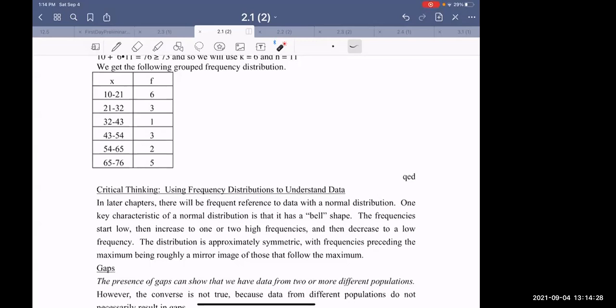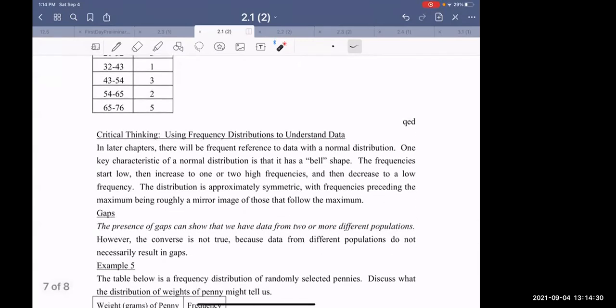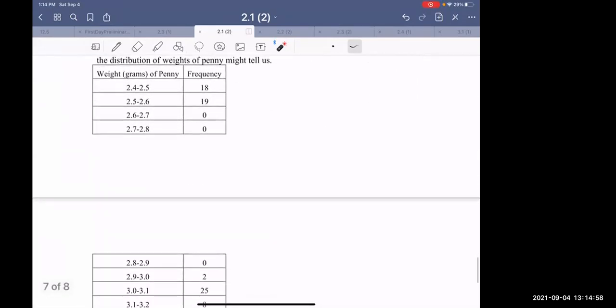If there are gaps, then it could be that the data is from 2 or more different populations. So if we have some sort of bimodal distribution, that could indicate I have 2 different populations I'm looking at.